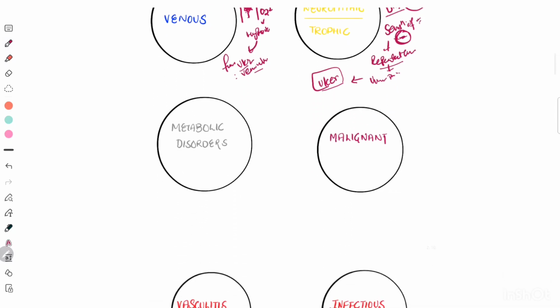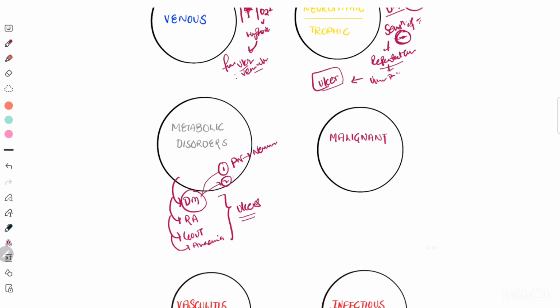In metabolic disorders like diabetes mellitus and joint disease, rheumatoid arthritis, gout or anemia, these four diseases can cause ulcers. In diabetes mellitus there are three mechanisms of causing ulcer. The first one, peripheral neuropathy, which causes neurotrophic ulcers.